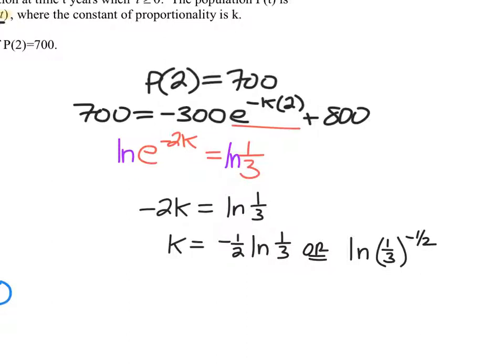But then you might look at that and say, well, that's not much nicer. What does a negative sign do to the base of an exponential? You raise something to a negative exponent, what happens to a number? 1 over. You take the reciprocal. All right, so this could be also thought of as ln of 3 to the 1/2, or more concisely, ln the square root of 3.